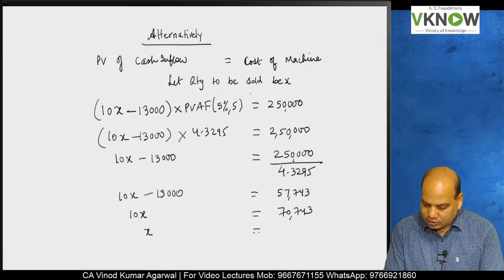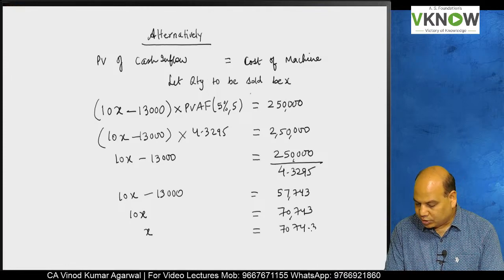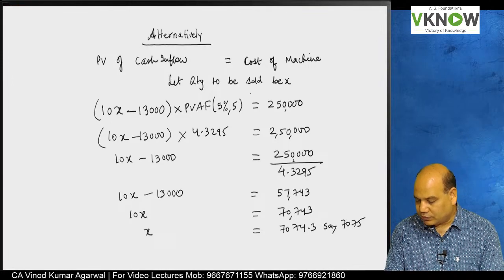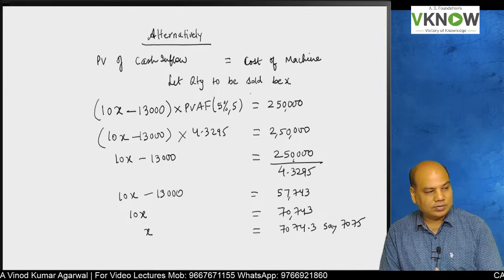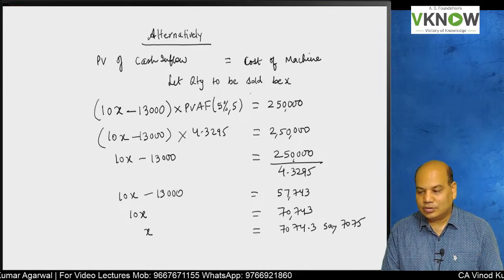So x will be equal to, divide by 10, 7074.3, say 7075. We are doing the same thing. That was vertical. This is horizontal.